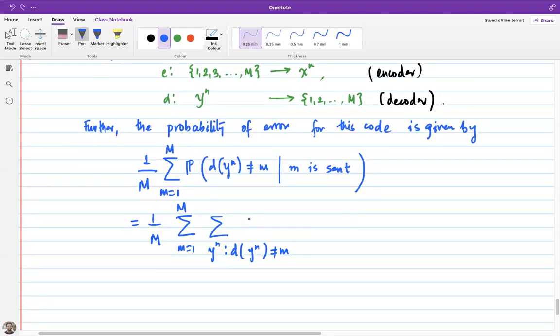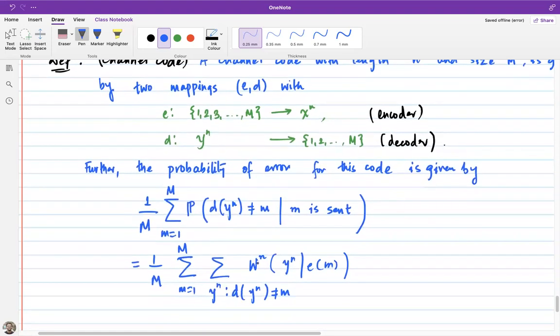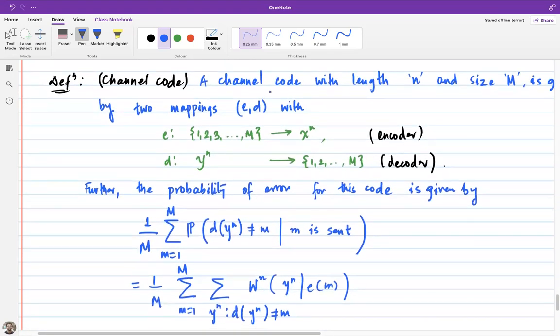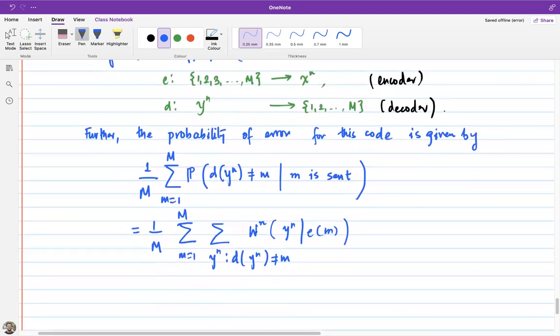I'll not change the notation. For the channel notation, we had a W instead of P, which is also the conditional probability. So W^n of Y^n given E of m. Since we have fixed a channel for the statement, we already have a W. So a channel code exists only for a channel W. For this particular channel, we have our transition probability matrix, or simply a conditional distribution.